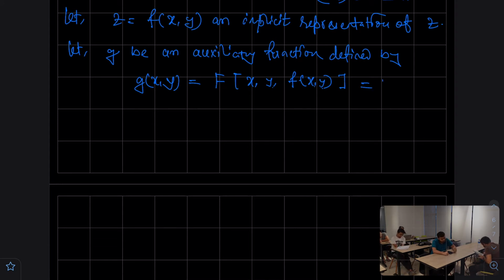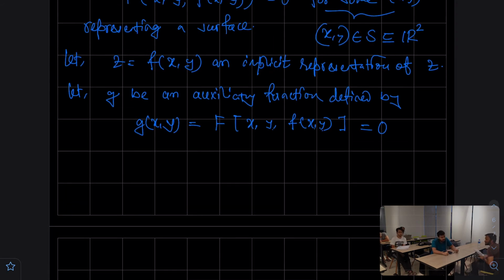So what is this? Okay, so this is trivially 0, no? Why? Because the function itself is 0. Now, if you define 0 by something else, it's also 0. That's why it's trivially 0. Now, what does function 0 mean? That is all the partials.